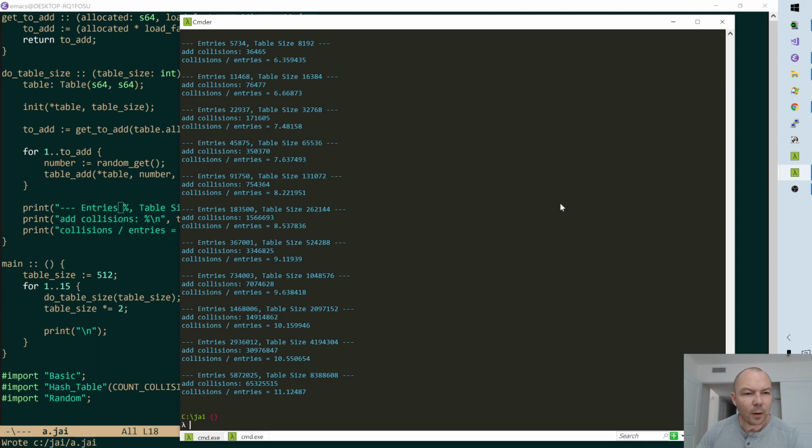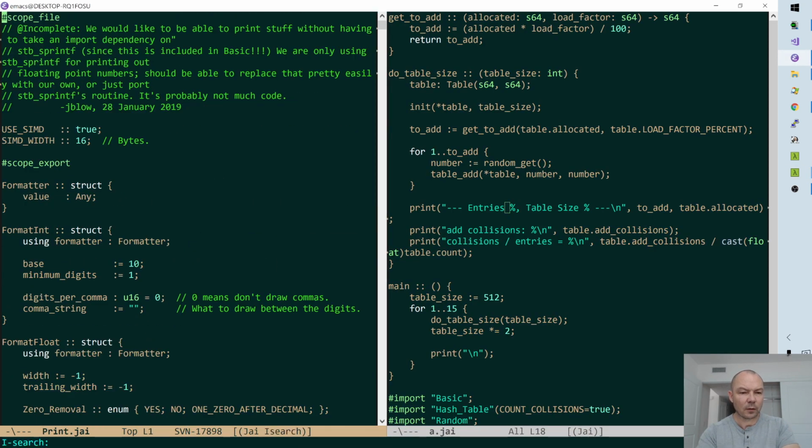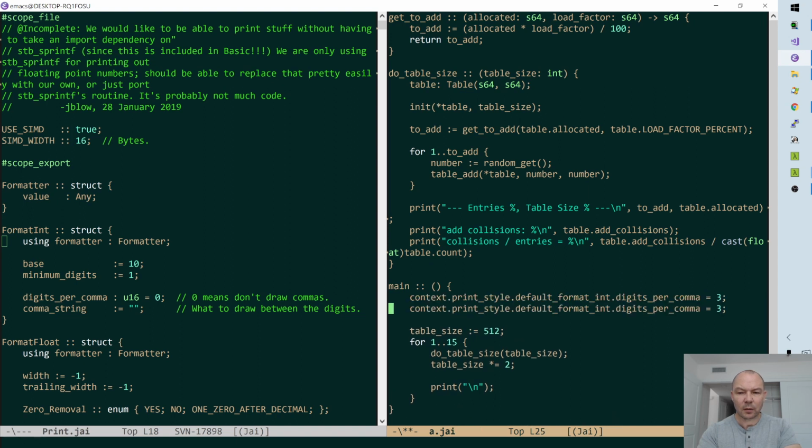Since these numbers get big, let's do some other fun thing. So let's go context.print style.default format int digits per comma is 3, comma string is comma, right?